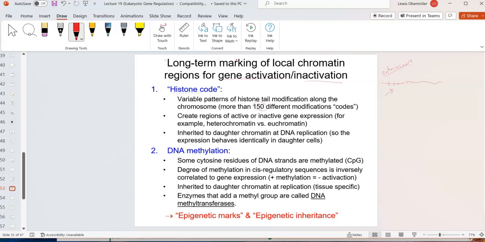So these codes, these variable histone patterns, create regions of either active or inactive gene expression. We talked about heterochromatin or euchromatin already, so that should be a review. And if you don't remember, you can go back to previous lectures and look at it.